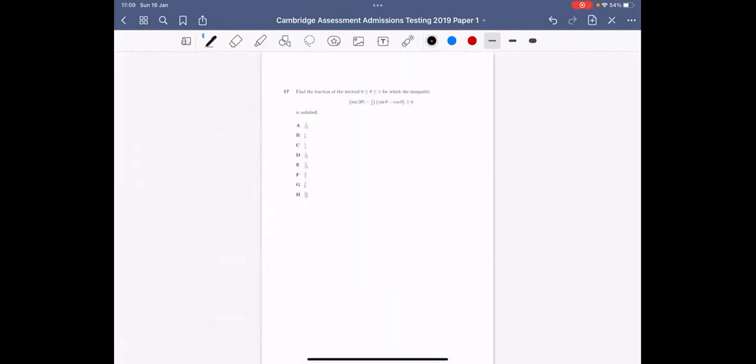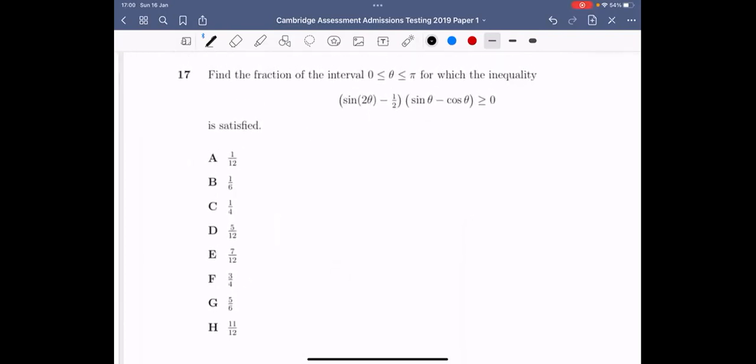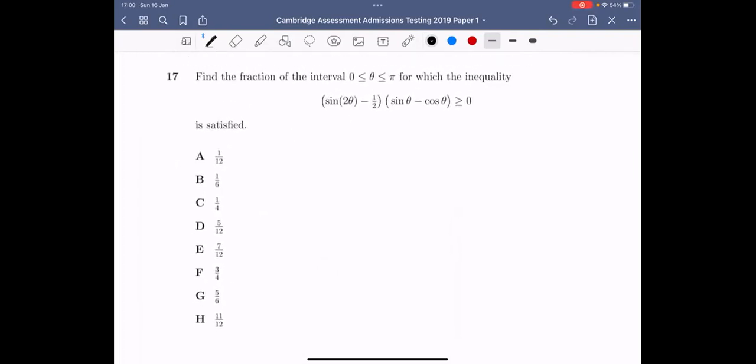Find the fraction of the interval. Oh gosh. You need them to be greater than or equal to 0. So I guess we'll use null factor law here. So we have sine 2 theta is equal to 1/2, or sine theta is equal to cos theta, which means if you divide both sides by cos theta, you get tan theta is equal to 1.